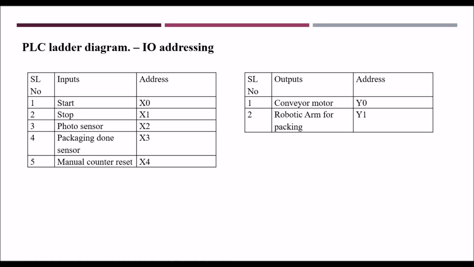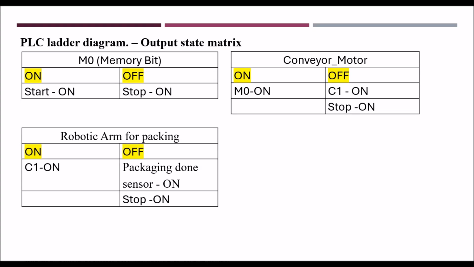And to develop the ladder diagram, first of all we should list the inputs, the number of inputs and number of outputs. So these are the inputs and outputs. And the output state matrix is very important. Based upon this we can construct the ladder logic. See, in the examination you cannot remember each and every ladder logic for different applications.